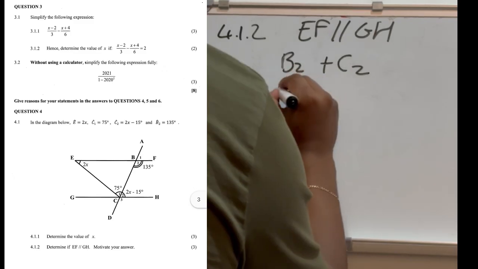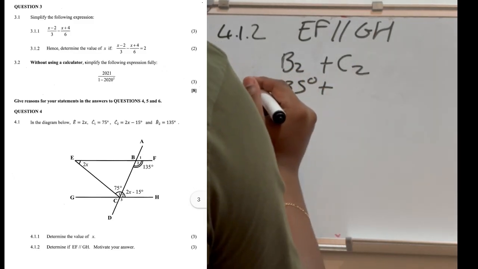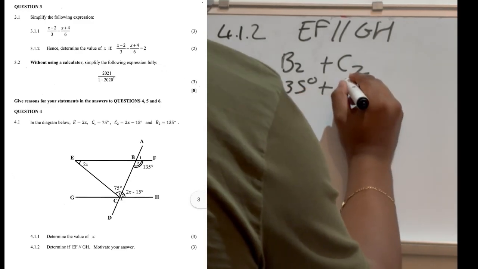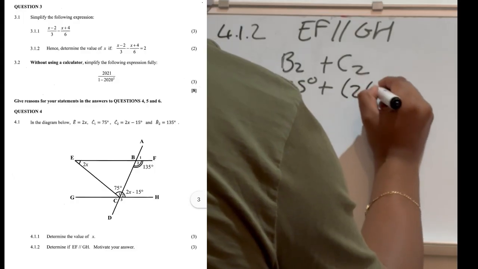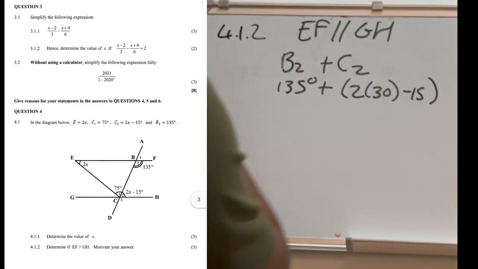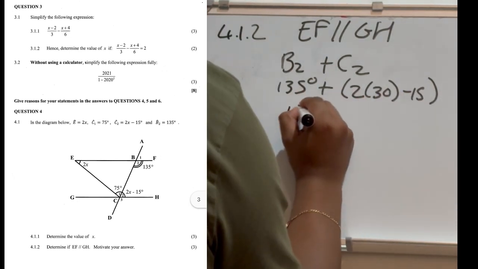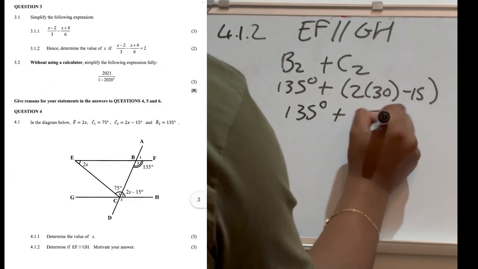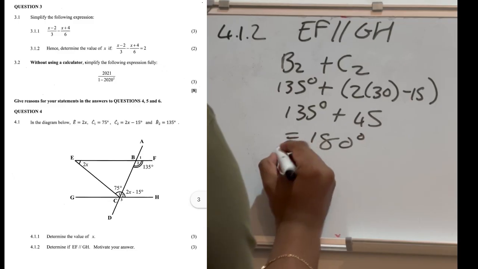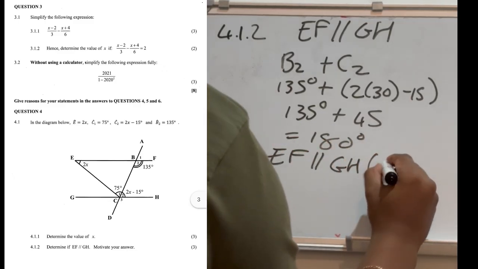B2 is 135 plus, what is x we said is 30, so that would be 2 times 30 minus 15. Okay? So that is 60 minus 15 is plus 45. And then that gives you 180. Which means that EF is parallel to GH because of co-interior angles.